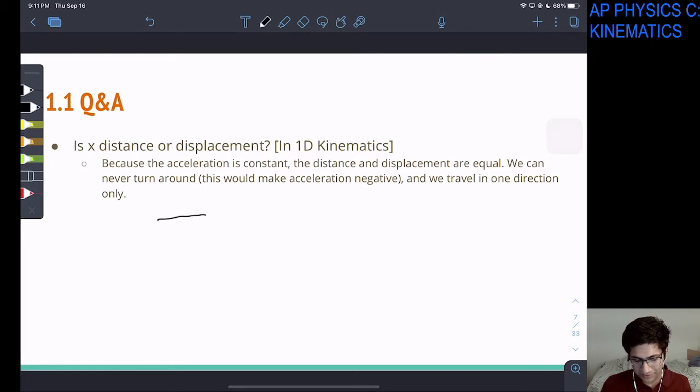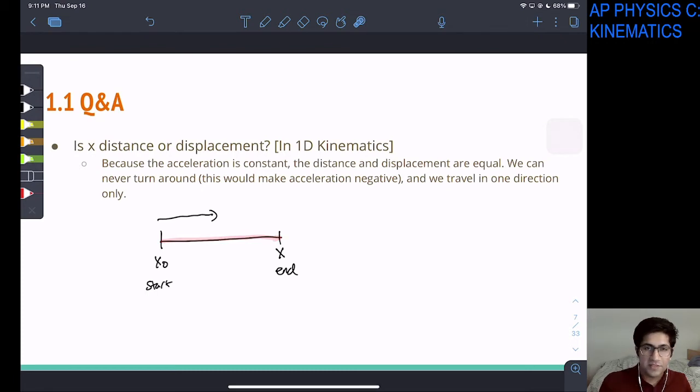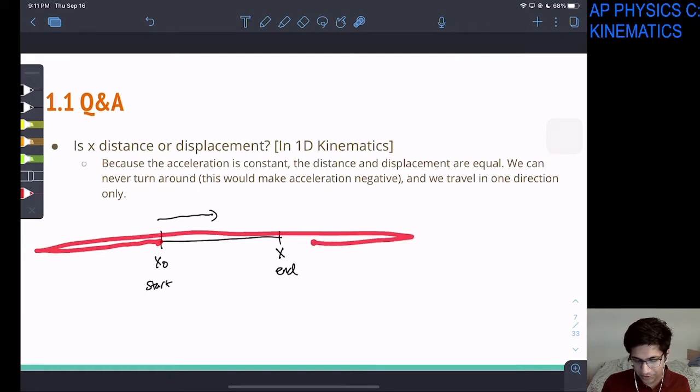If you're traveling this way, and you go from here to here, x0 and x, start, end, traveling at constant acceleration, that's going to be your displacement. It'll also be your distance. Now, when are displacement and distance different? If you start here, travel backwards, then go forward and come back here.